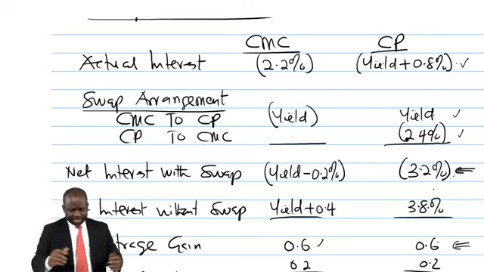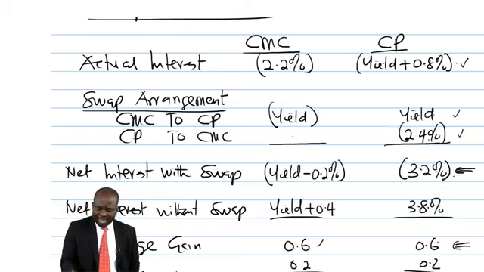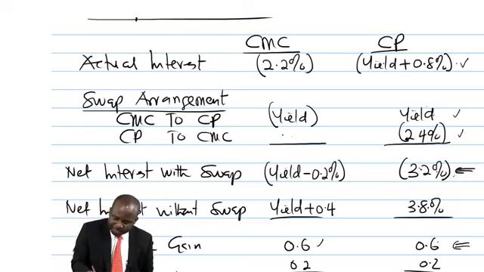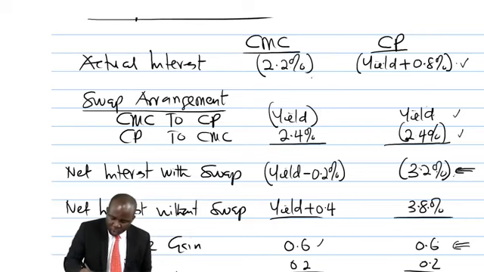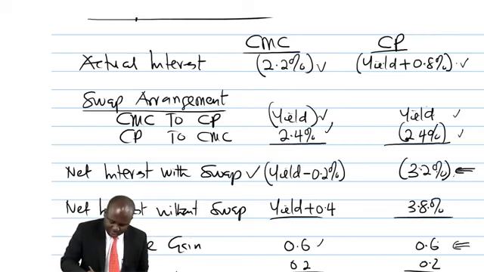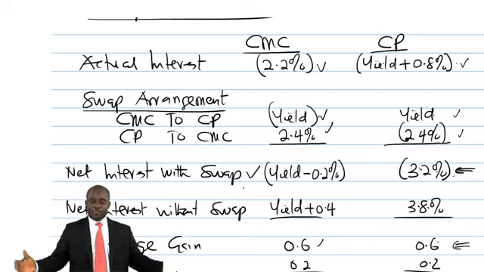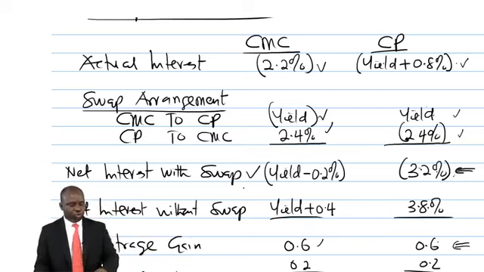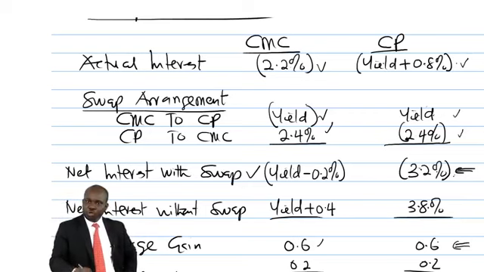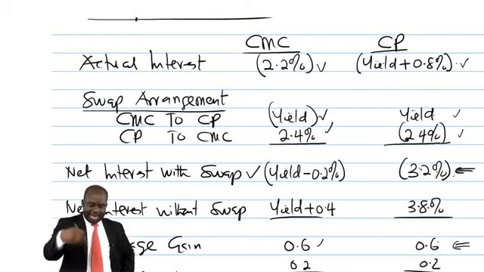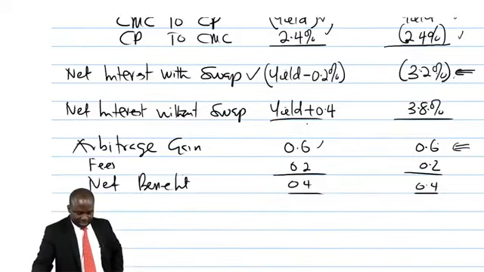Okay. Next, if CP pays this, then it means CMC should receive what? 2.4%. When you sum up these figures, it should be equal to that. And then you'll be able to test yourself to check whether you've done it right. So 2.2 plus the yield will give you yield plus that 2.2 minus 2.4. So this is what I'm doing.